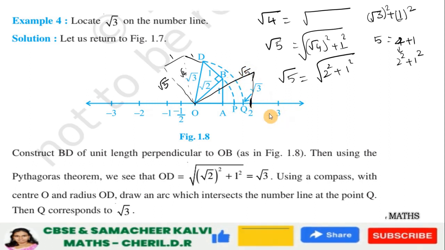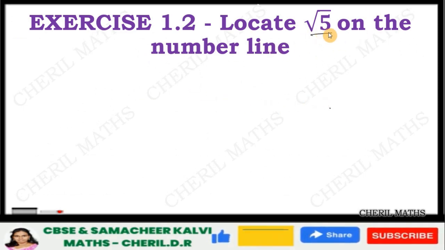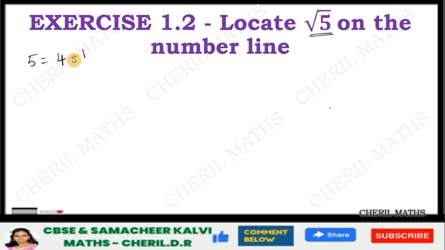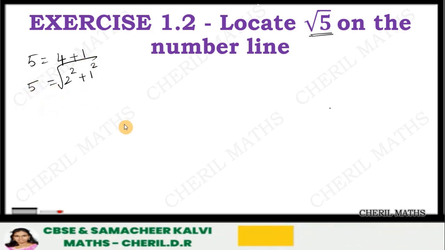So now let me show it in detail so that it will be easy for you. To locate root 5, what are we doing as we discussed now? 5 you can write as 4 plus 1. For 4 you know that it is going to be 2 square plus 1 square. So root 5 will be the square root of 2 square plus 1 square.